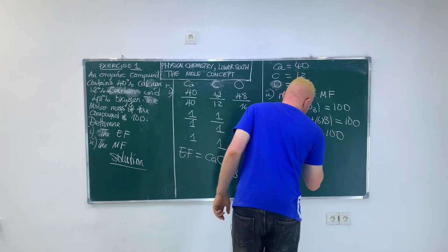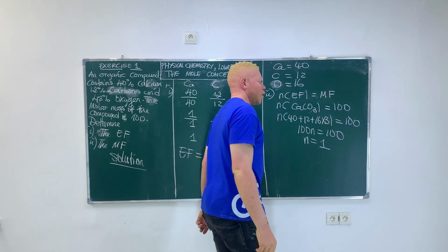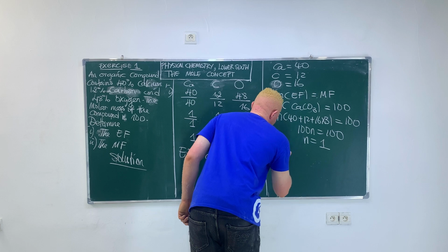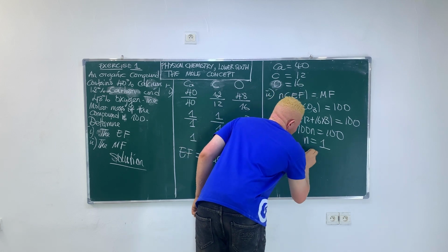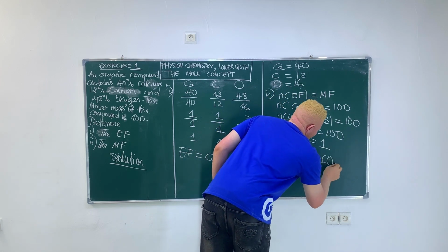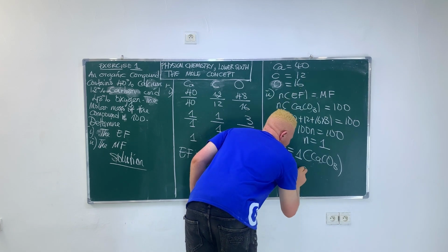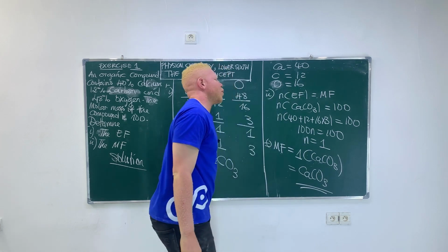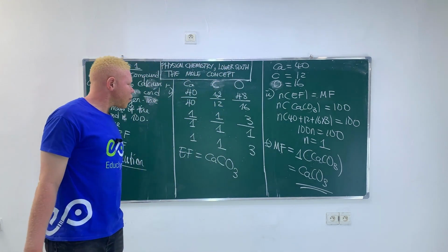So N equals 1. This implies molecular formula equals 1 into calcium carbonate, which equals calcium carbonate. So the molecular formula of the compound is calcium carbonate.